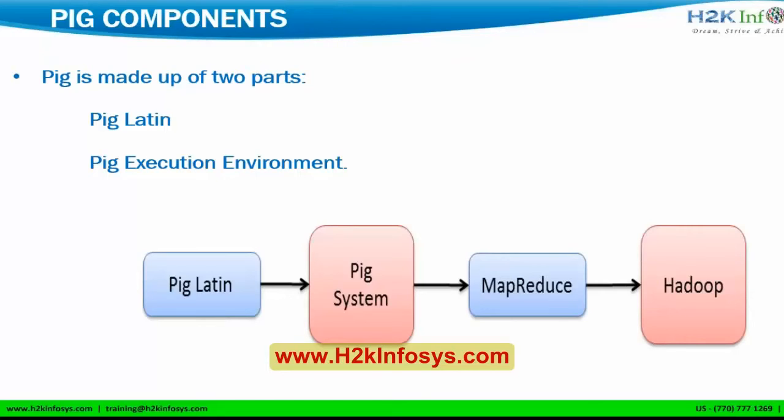So the cluster doesn't know in which form this actual program is submitted. Cluster cannot understand that. For a cluster, it will be basically an input jar file that was submitted, but maybe that jar file might be produced through a MapReduce program, or maybe through a Pig script, or maybe through a Hive program as well.